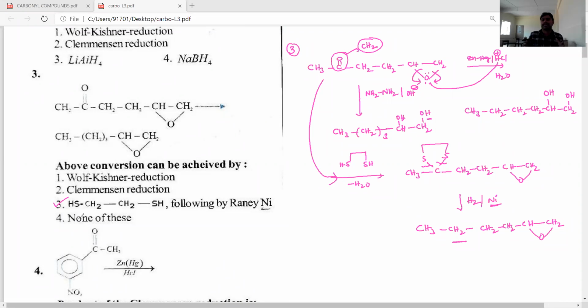Whenever epoxides are present, the Wolff-Kishner and Clemmensen reducing agents are not suitable, because the cyclic epoxide group will be cleaved in acidic medium as well as in basic medium. Epoxides are nothing but cyclic ethers. Okay, students, the third option is correct.